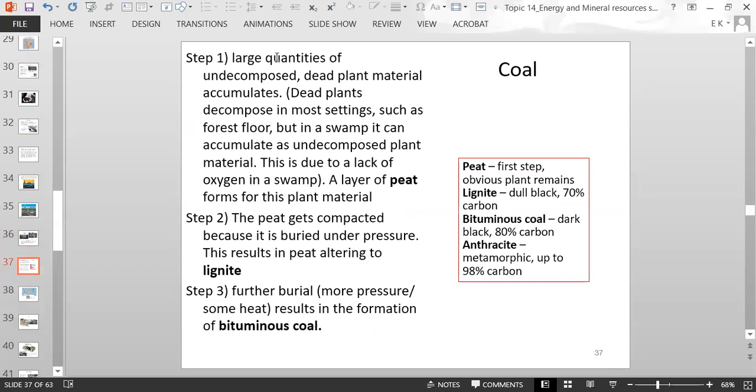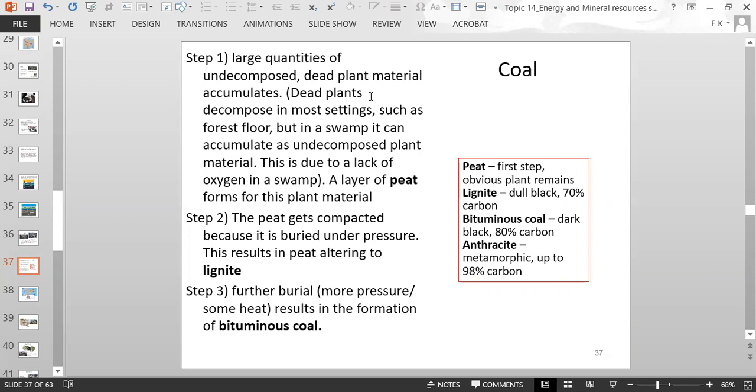So coal forms from large quantities of undecomposed dead plant material that accumulates. And that's because the dead plants don't decompose because they're deposited in a swamp, which does not have a lot of oxygen. So the plant matter is not decomposed, and then it is buried in the sediments underground. And then that forms a layer of peat.